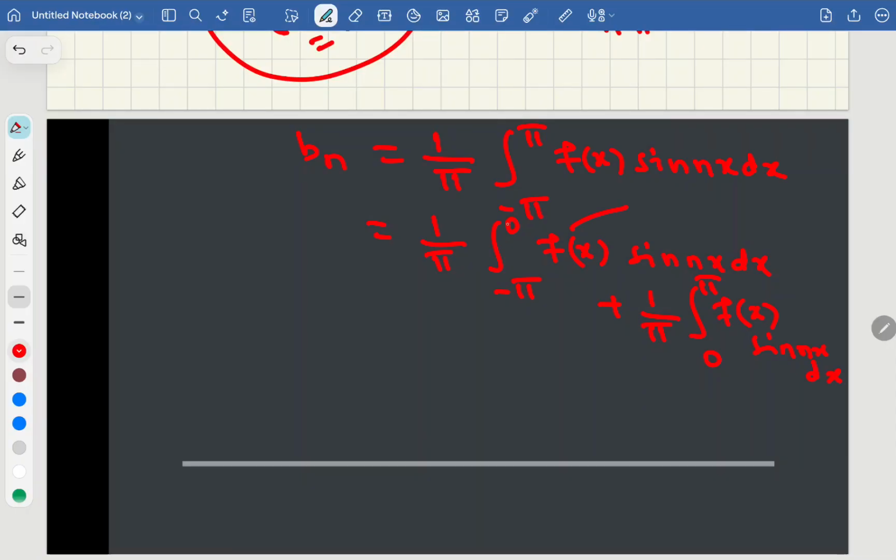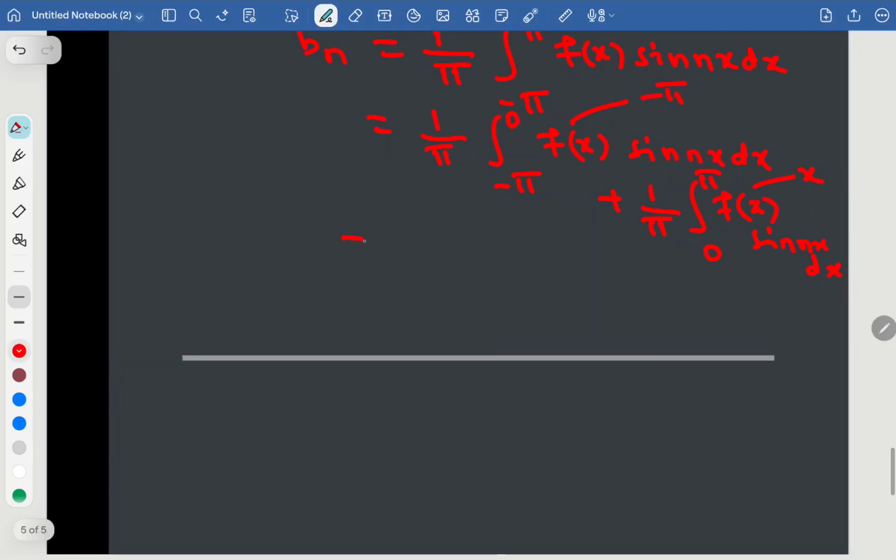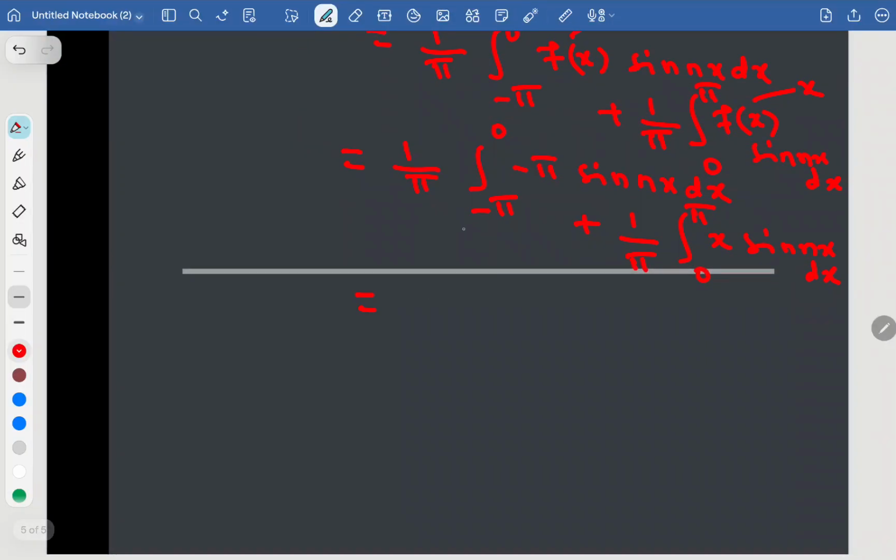The value of f of x from minus pi to 0 is minus pi, and for the other one it is x. Therefore 1 by pi integral minus pi to 0 minus pi sin nx dx plus 1 by pi integral 0 to pi x sin nx dx. Again I am going to take this one as I1, this one as I2.